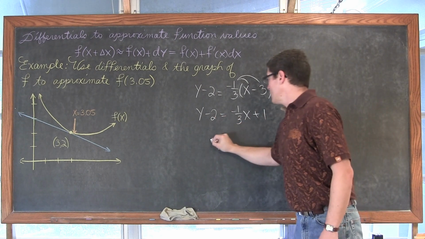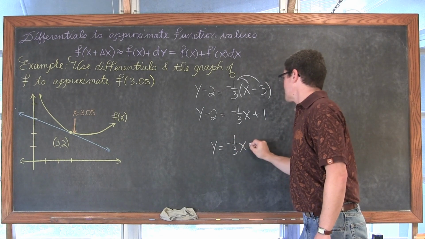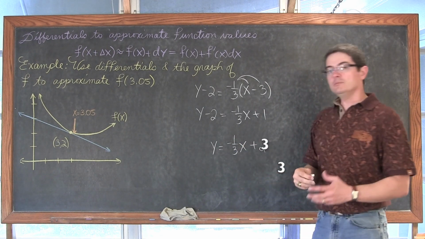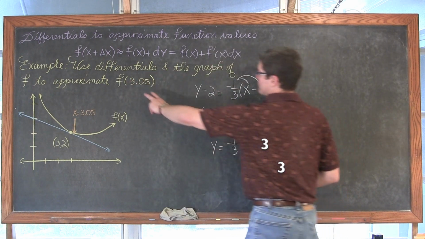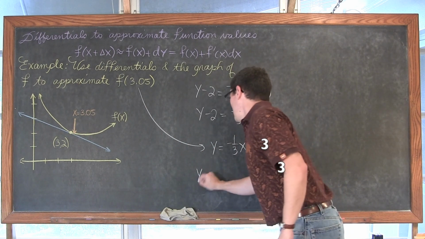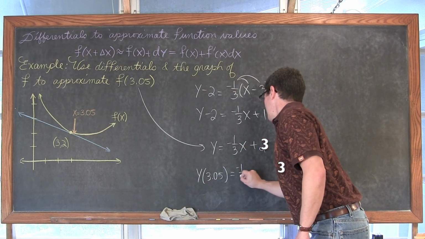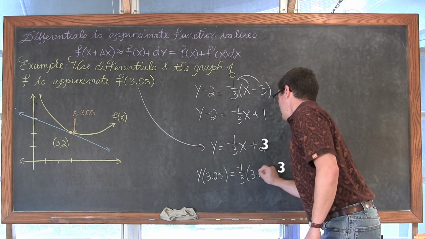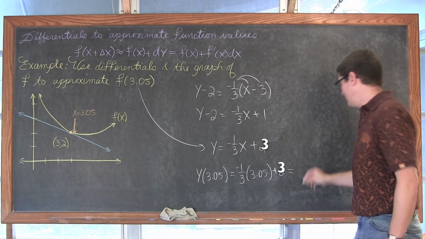Take the 2 and add it over and get y is equal to negative 1/3 x plus 2. And now if we take that value, that 3.05, and plug it into our tangent line, y of 3.05 is equal to negative 1/3 times 3.05 plus 2, and guess what that comes out to be?